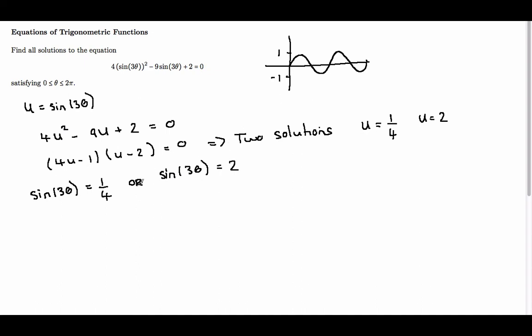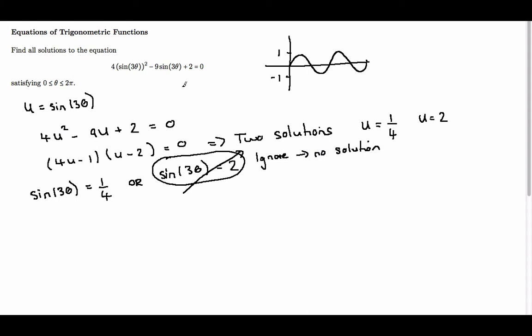Sine of 3 theta still oscillates between 1 and minus 1, but we just get more oscillations. So it's clear that sine of 3 theta is never equal to 2. So we can ignore this. There is no solution.